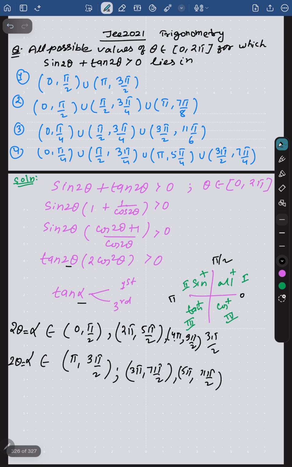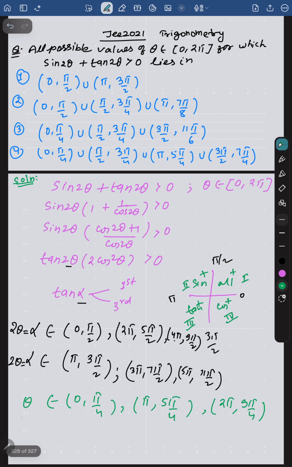So in this way you will get your theta as, for the first consideration, 0 to pi by 4 or pi by 2, and pi to 5 pi by 4. The third round will give you 2 pi to 9 pi by 4 and so on.